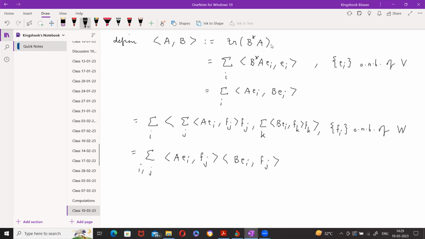Now, what are these? These are nothing but the matrix coefficients of A and B with respect to the orthonormal bases e_i and f_j.